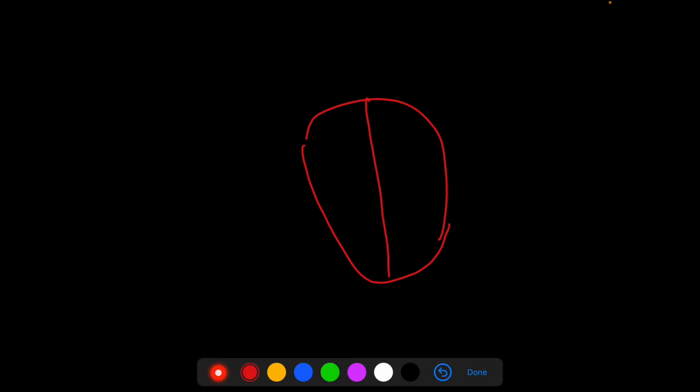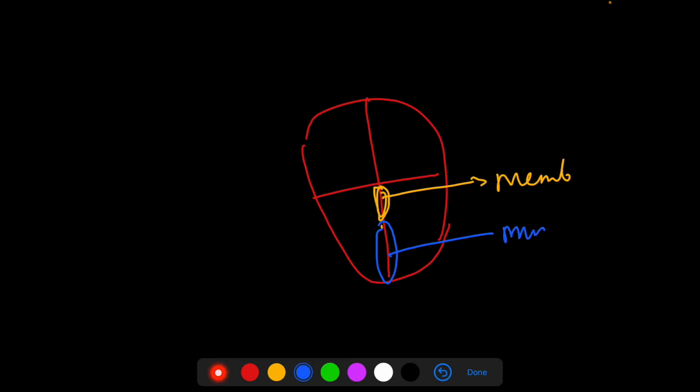As I said, in the 4-chamber view, the upper 1/3 is the membranous septum, and the lower 2/3 is muscular septum.